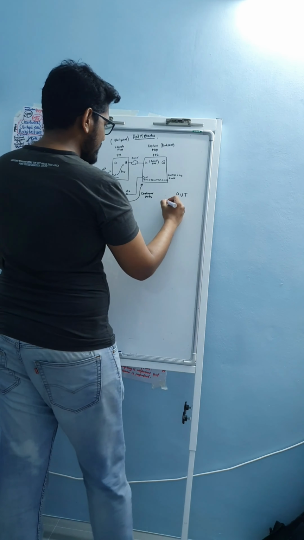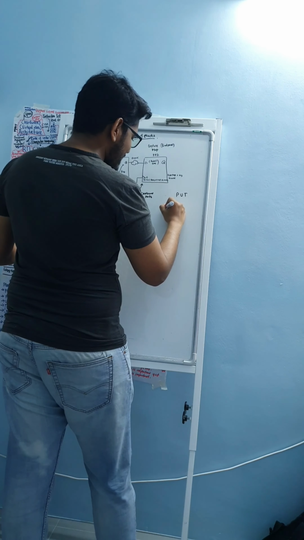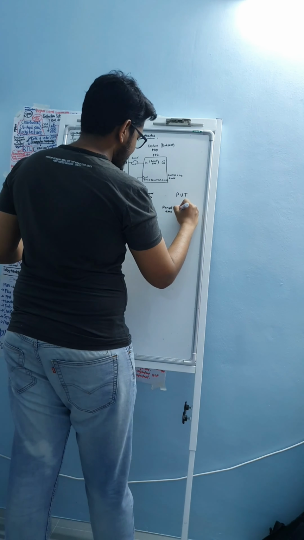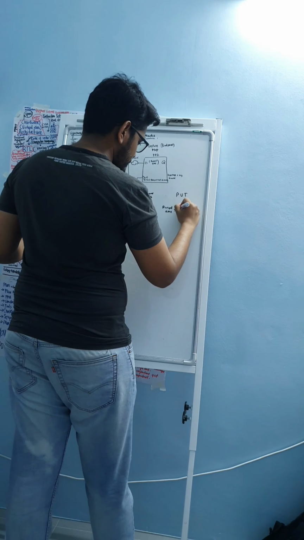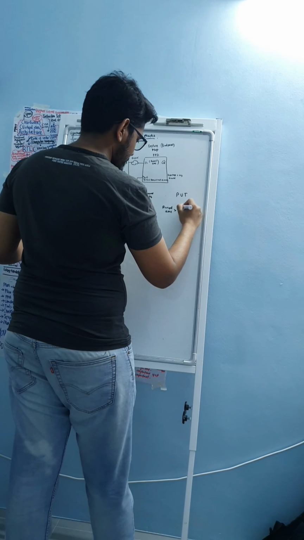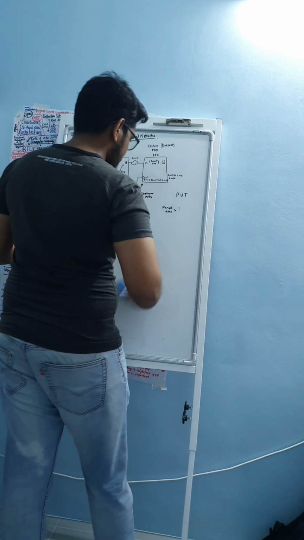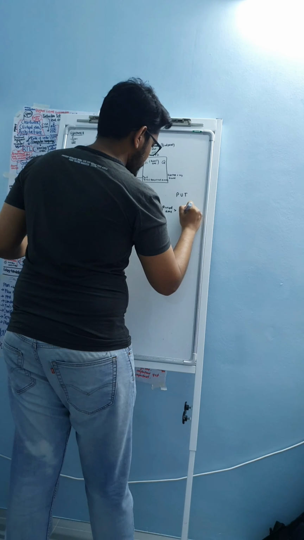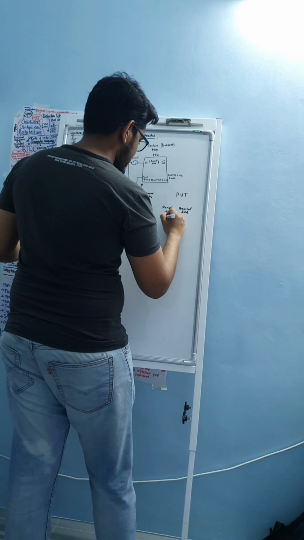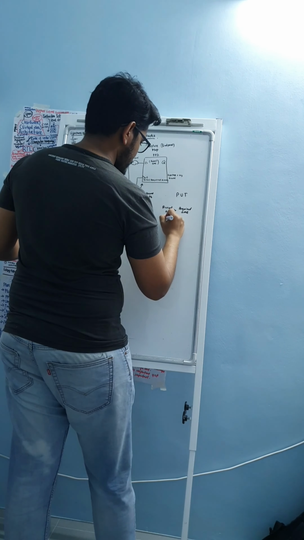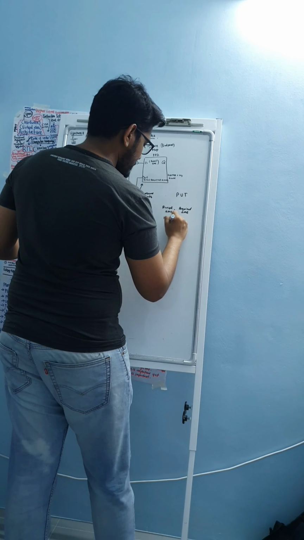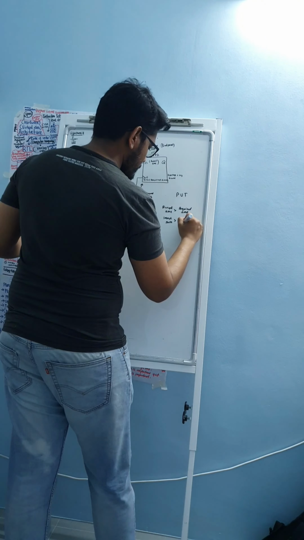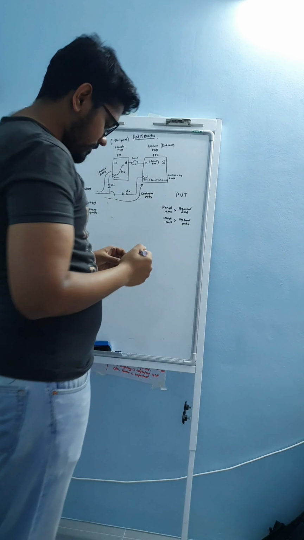So when we do that into an equation, your arrival time has to be bigger than your required time. In other words, your launch path has to be bigger than your capture path.